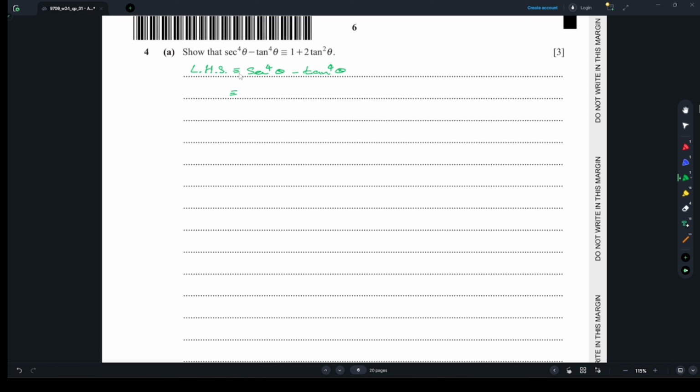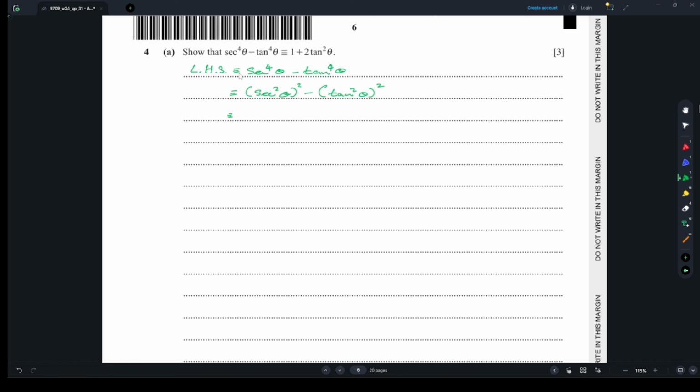So here, we don't have any formula for the power 4, right? But I can write it like this: square of sec square theta minus square of tan square theta.